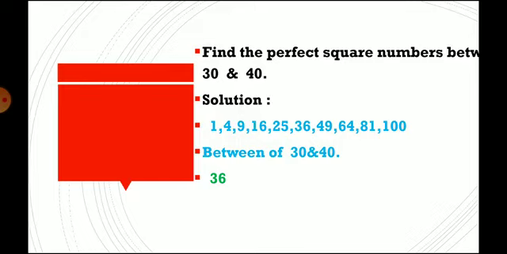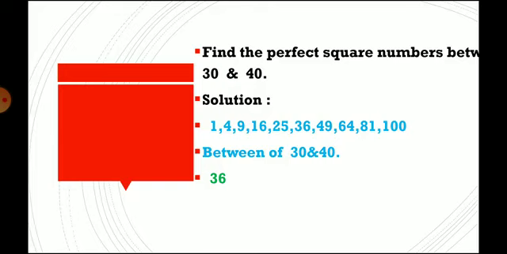Find the perfect square numbers between 30 and 40. You know the values of the square numbers, right? So now we want to find which perfect square lies between 30 and 40. First we write the square numbers: 1, 4, 9, 16, 25, 36, 49, 64, 81 and 100.